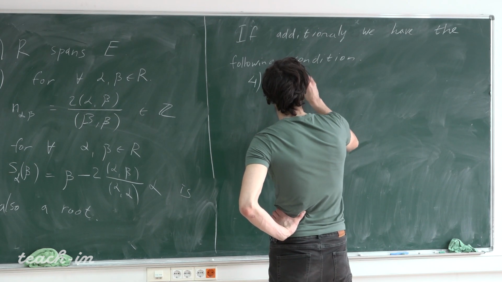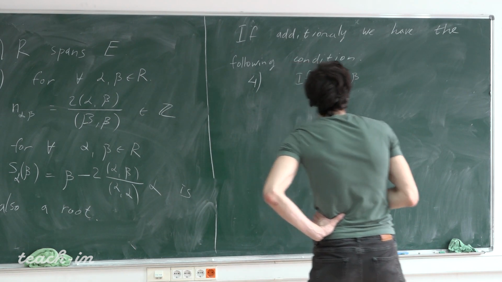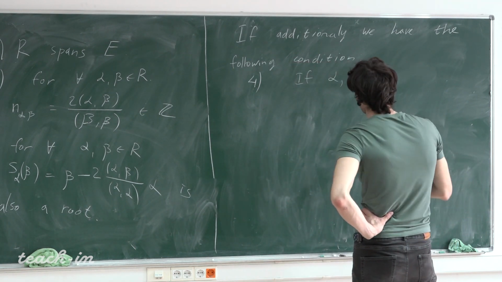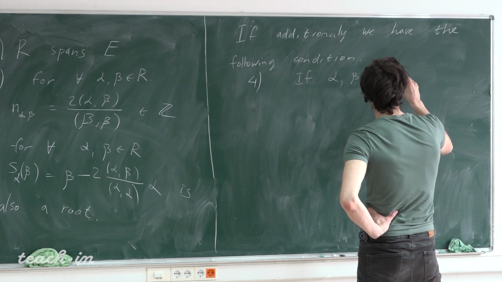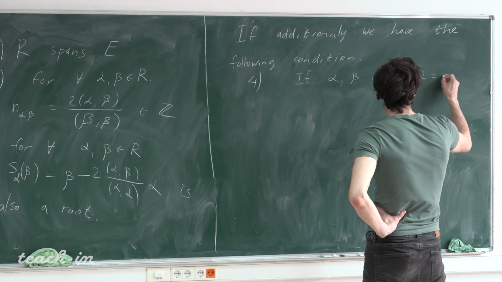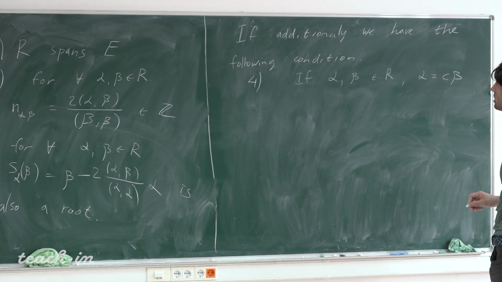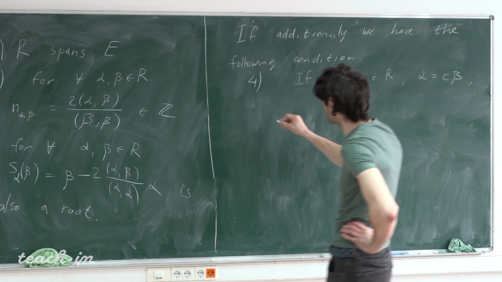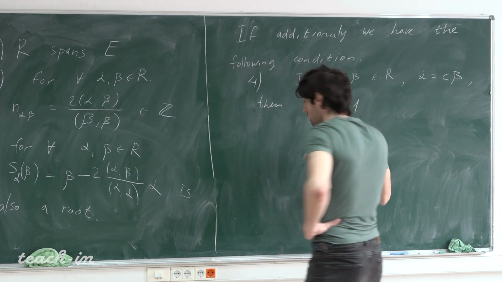So if alpha and beta are roots and alpha is C beta, then C is plus or minus 1.